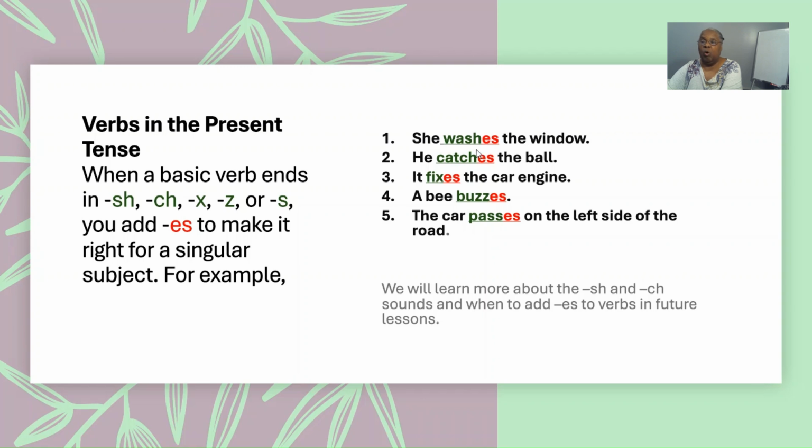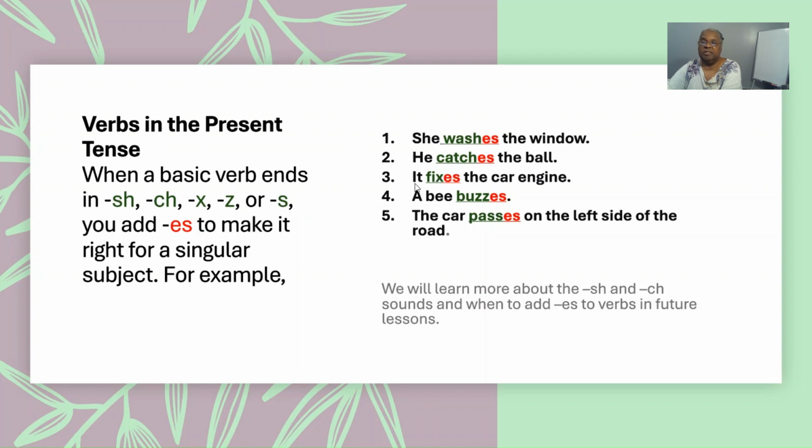The verb wash ends with sh, therefore, we added es to the end of that verb. In the second sentence, he catches the ball. The verb catch ends in ch. Therefore, we added es to the end of the verb.